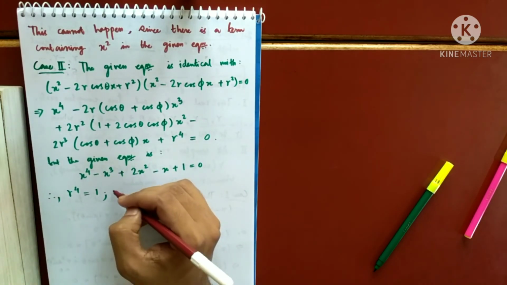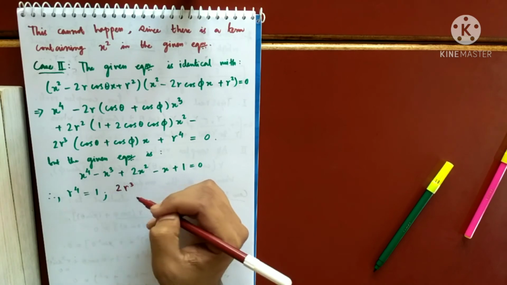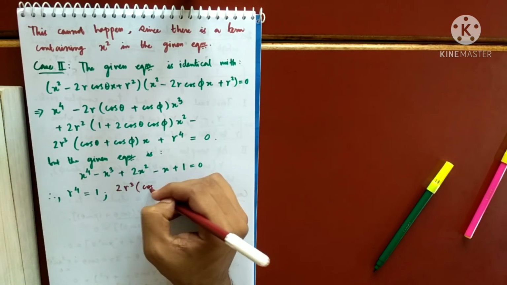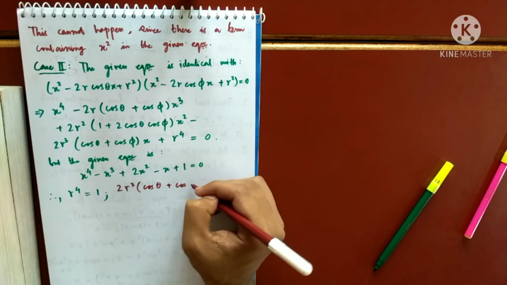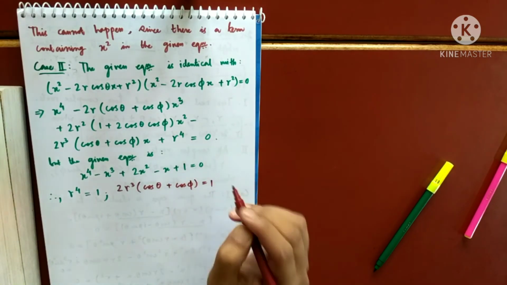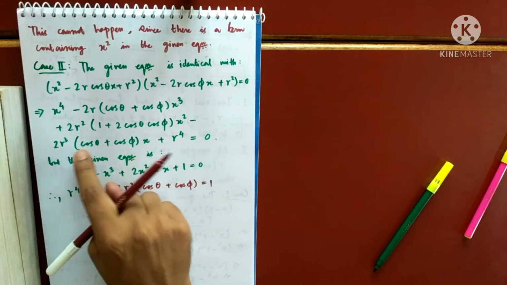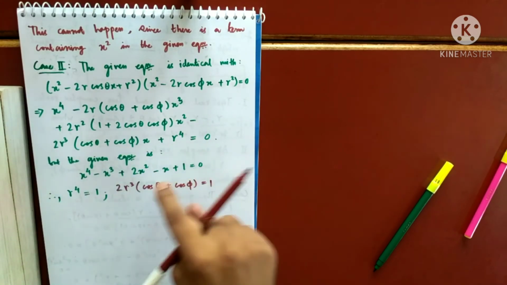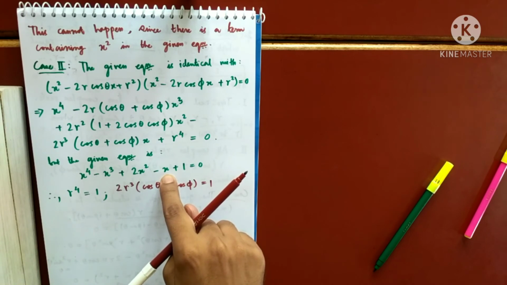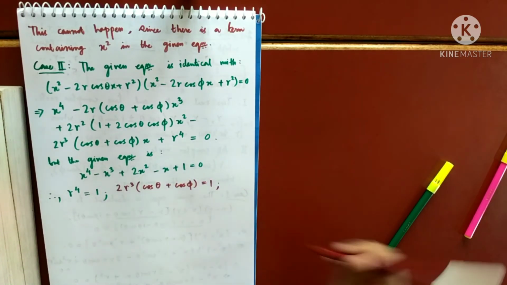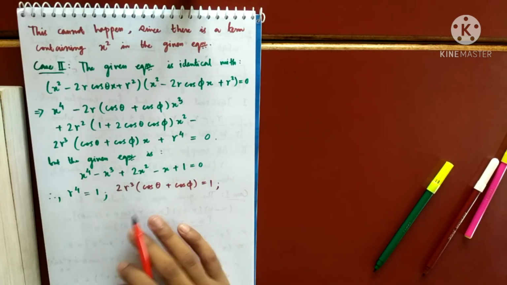So minus minus got cancelled. So 2r cube, cos theta plus cos phi equals to 1. What is the coefficient of x here? Minus 2r cube, cos theta plus cos phi, but the coefficient of x here is minus 1. So minus minus got cancelled. Next, let's equate the coefficient of x square.